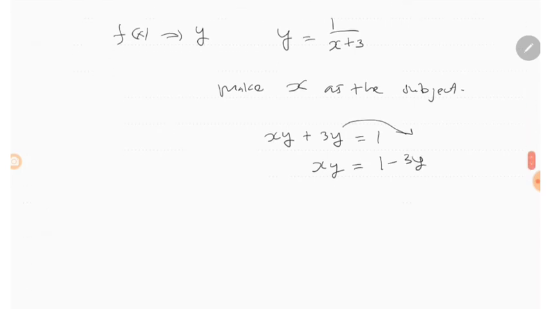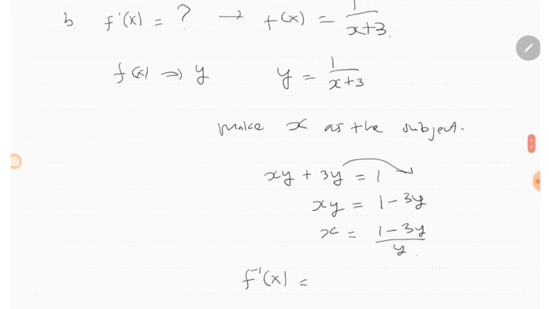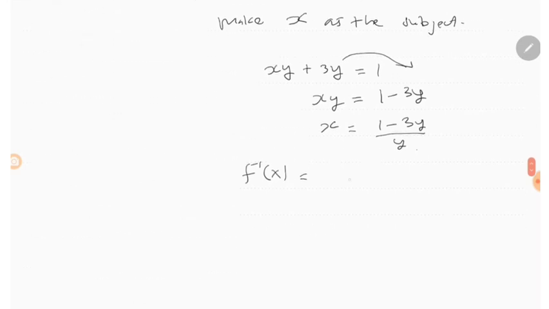Because we want x only as the subject, it means 1 minus 3y, all over y. And you have f inverse of x equals 1 minus 3 everything, x, I mean everything y here you change to x, over x.